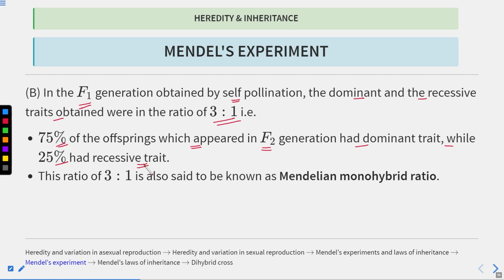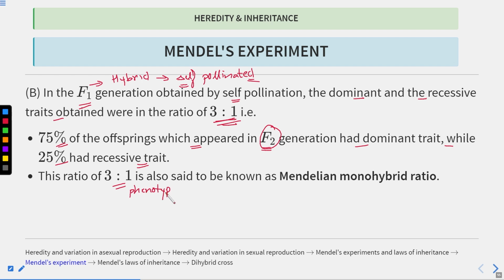Initially F1 was the hybrid, then this F1 was self-pollinated, and after self-pollination of the F1, F2 is obtained and a 3:1 ratio was obtained. So 3:1 is the phenotypic ratio.